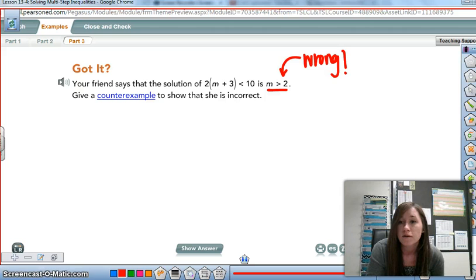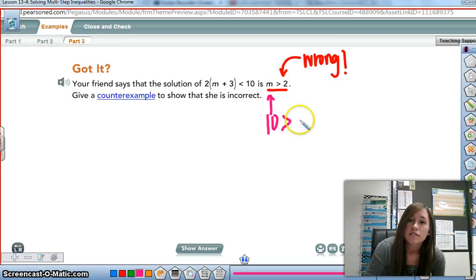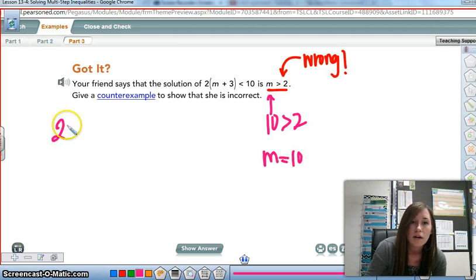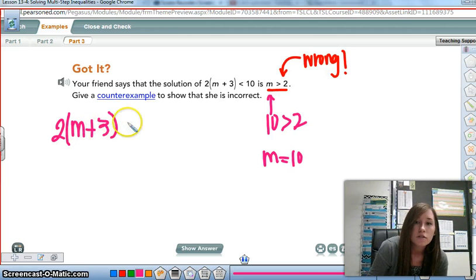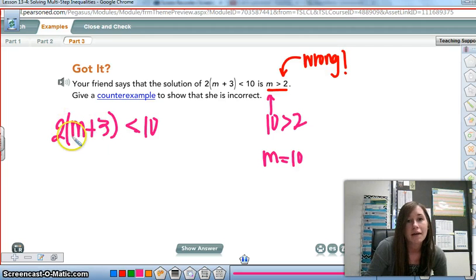Okay, so let's see. Well, I'm just going to try a number greater than 2. 10 is greater than 2, so I'm going to let m equal 10. Okay, so if the number is greater than 2, it should be true that 2 times m plus 3 is less than 10.